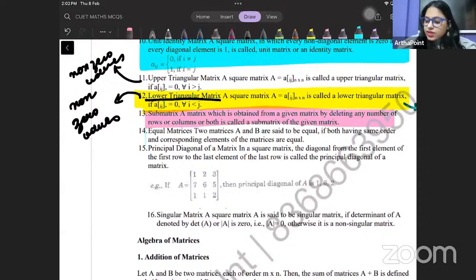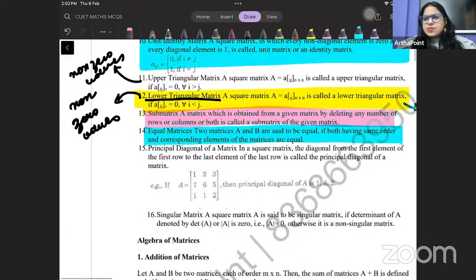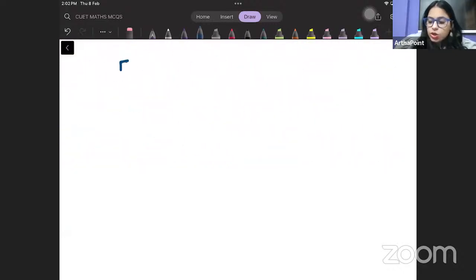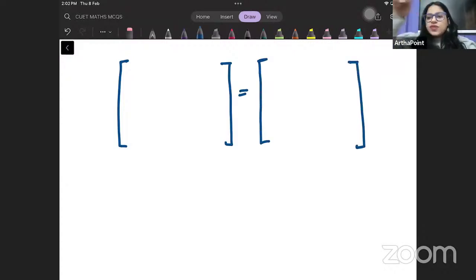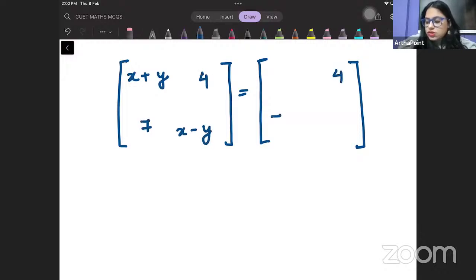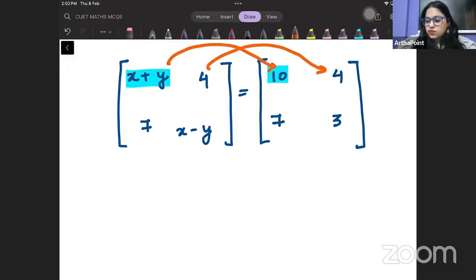ओके, फिर यू हैव इक्वल मैट्रिक्स. तो इक्वल मैट्रिक्स पे कैसे क्वेश्चन आता है, let me just show you. Two matrices are called equal matrices when each of their elements maps. जैसे फॉर एग्जांपल बच्चे, I tell you that this is x plus y, x minus y, 4 7 4 7 10 and 3. ऐसा कुछ I have created. हाँ, equal matrix would mean that you will map element to element. माने आपने इसको इससे मैच किया, 4 is anyways matching to 4, 7 is matching to 7, and this is matched to this.